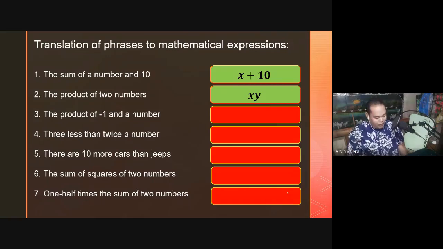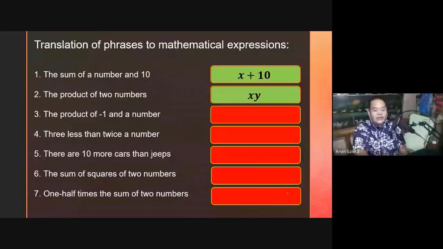Remember, putting variables together side by side means multiplication. xy means x times y. You may use the dot product symbol or the parentheses to denote multiplication.